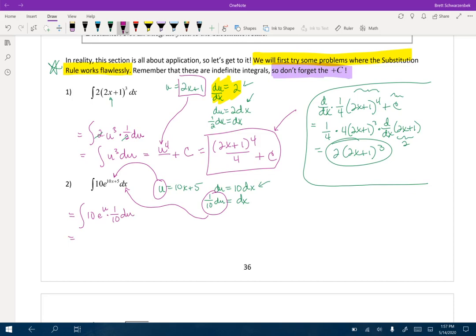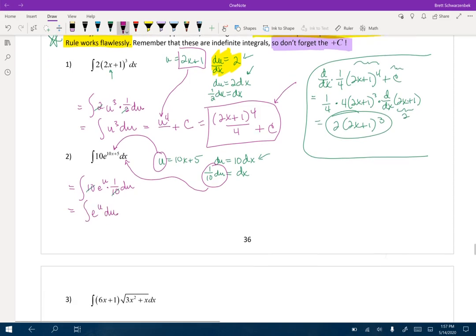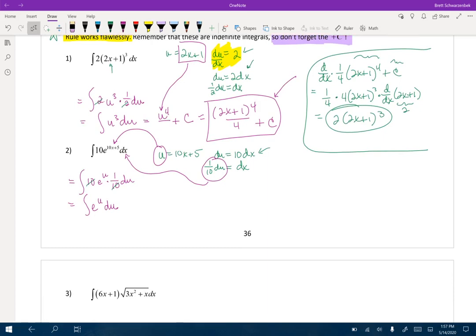So what do we get? If we cancel out, the 10's wipe out, and we are left with pretty much the easiest possible antiderivative computation: the antiderivative of e to the u du. We know that is equal to e to the u plus c.